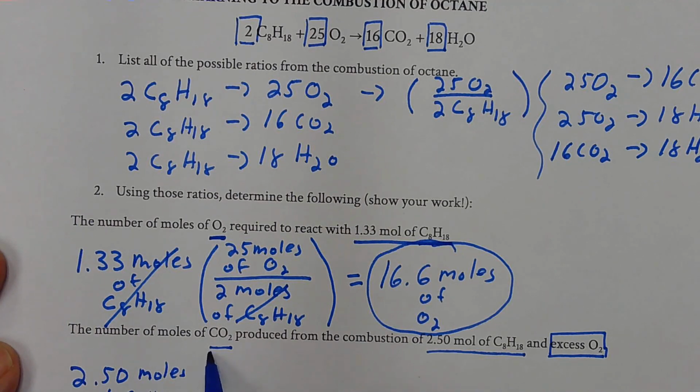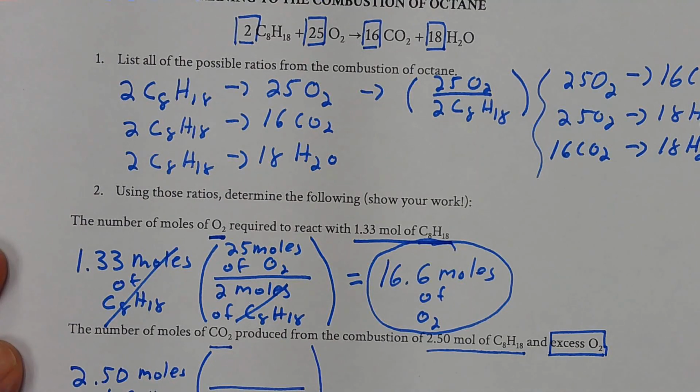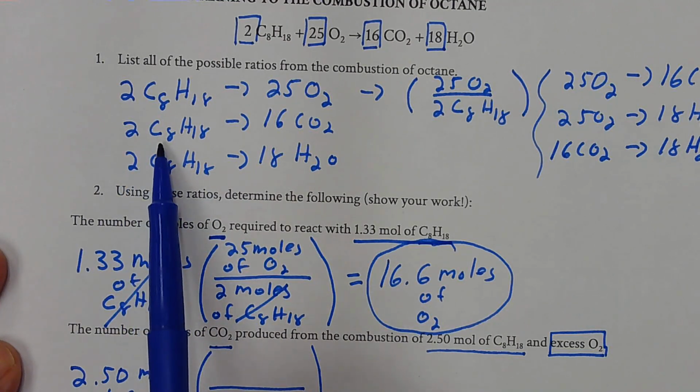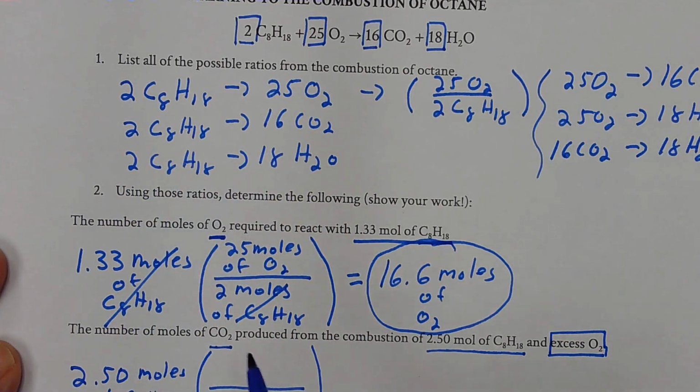And again, I'm going to use that mole ratio that we've talked about before, between CO2 and C8H18. So right here, for every 2 moles of C8H18, I have 16 moles of CO2. So again, on the bottom I'm going to put my C8H18, because that's what I started with, so I can cancel those units, and then I have 16 moles of CO2.